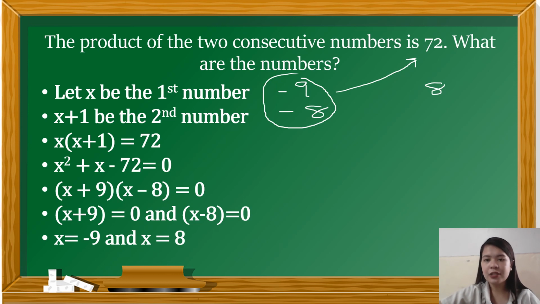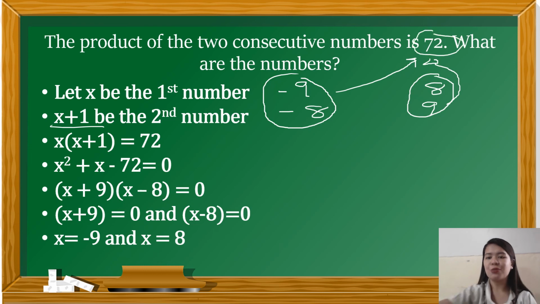Then, for the positive one, we have 8. And then, 8 plus 1 is 9. 9 times 8 is also 72. So, we have here two sets of answers: negative 9 and negative 8, and 8 and 9. Because when you multiply them to each other, the result will be 72.